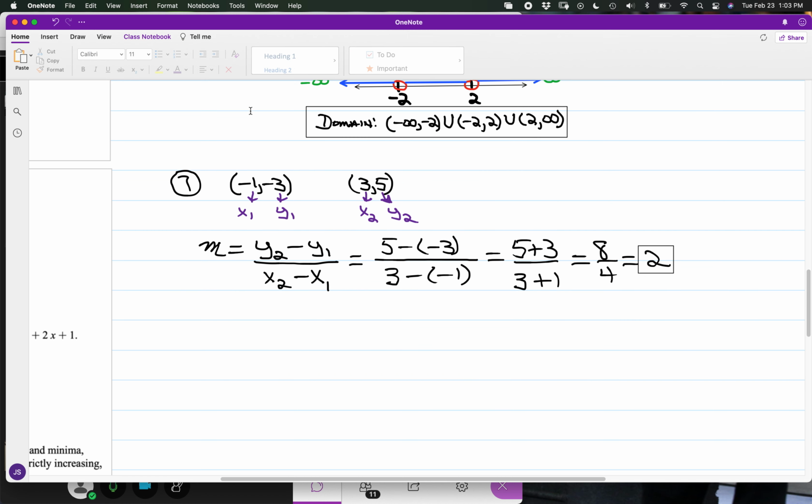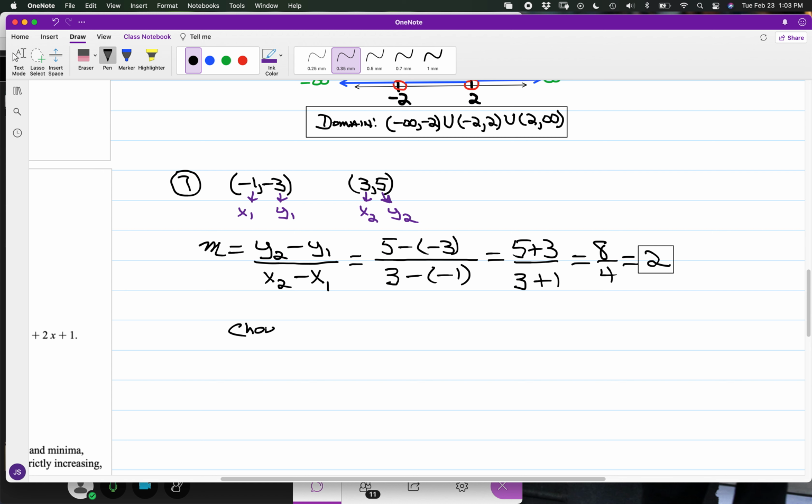Now we got the slope, and you can choose either of these ordered pairs in creating the point slope backdrop to the overall determination of the slope-intercept equation. Even though I had -1, -3 for x1, y1, that was just for configuring the slope.